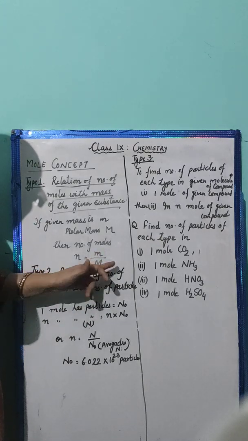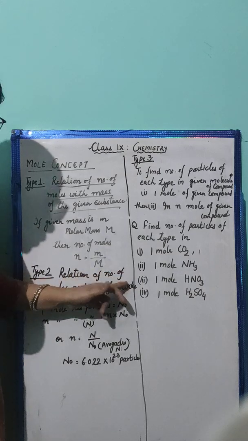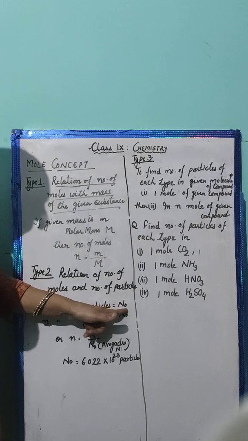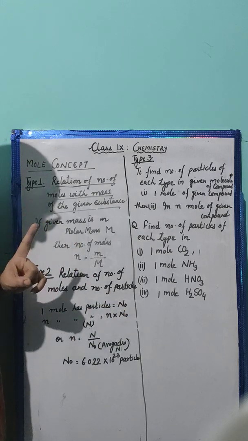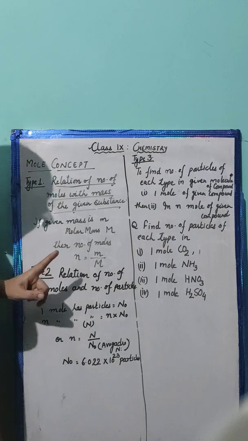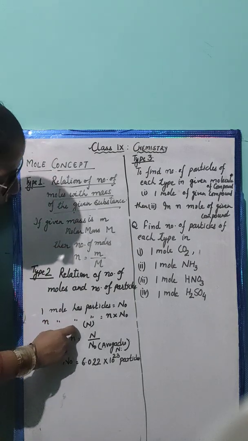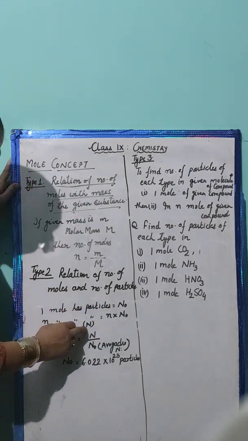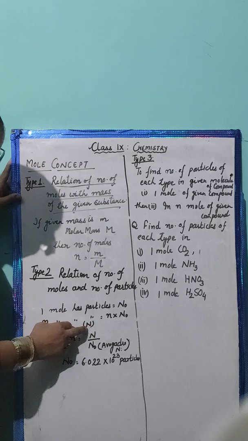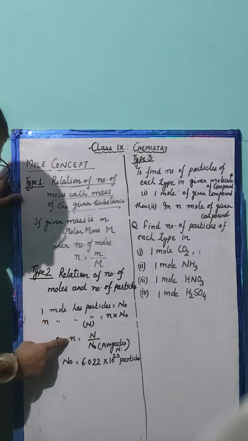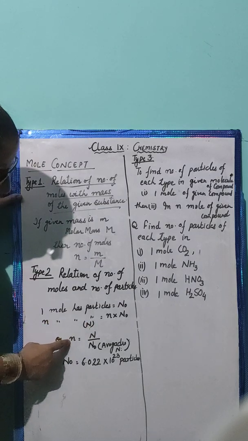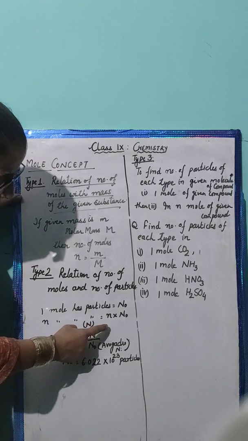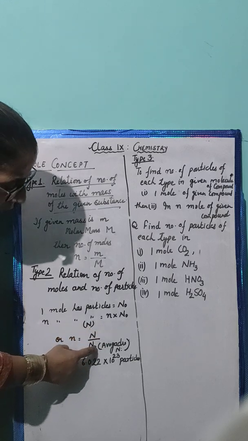Type 2 is relation of number of moles with number of particles. If N naught is Avogadro number, one mole always has Avogadro number of particles. We have learned this thing. So n moles will have how many particles? n into N naught. So if number of particles is denoted by capital N, then the formula is: number of moles is equal to number of particles in given moles upon N naught.